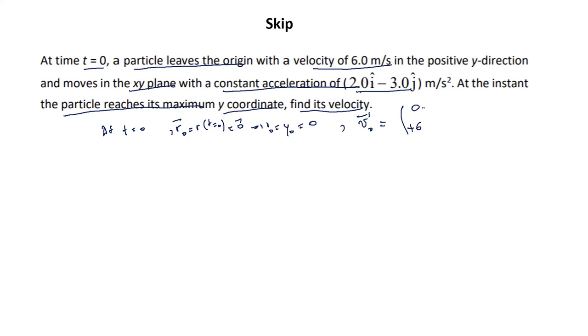So this is v0x, and this is v0y. Now, what is the acceleration? The acceleration is constant, so I can use constant acceleration equations. And ax is equal to plus 2 and ay is equal to minus 3. So there is a positive acceleration along x and a negative acceleration along y.